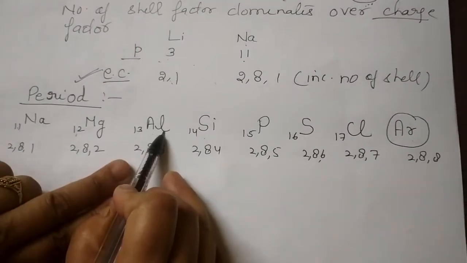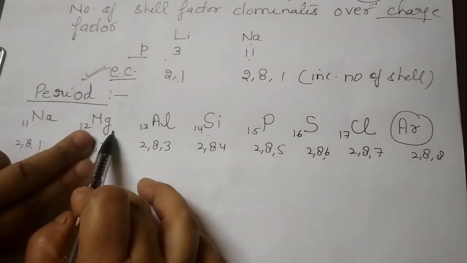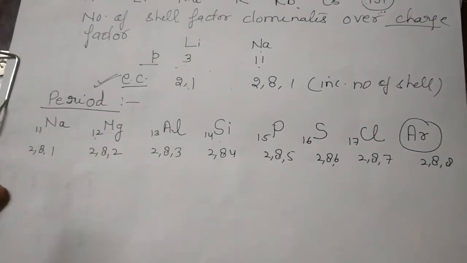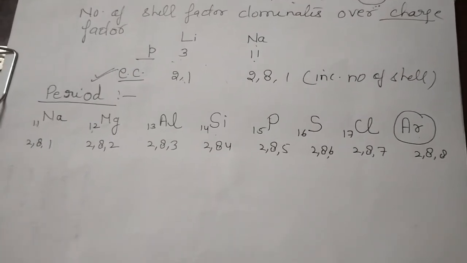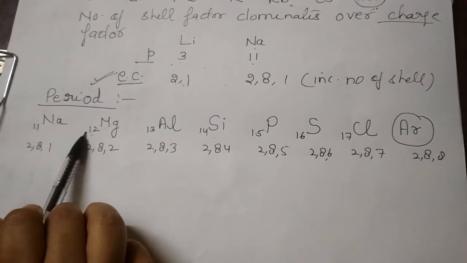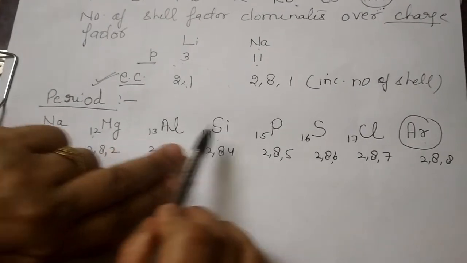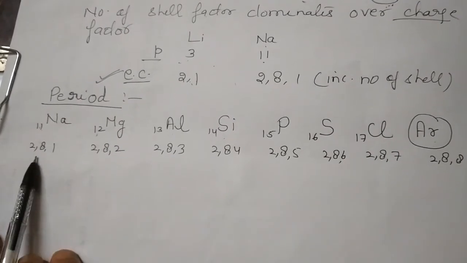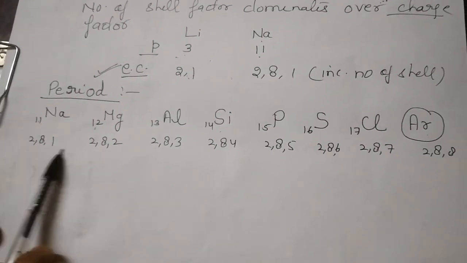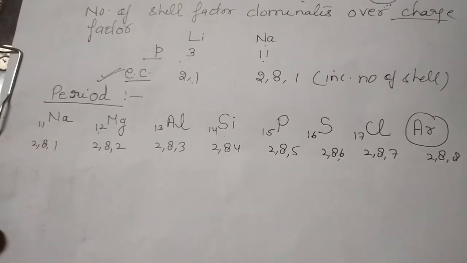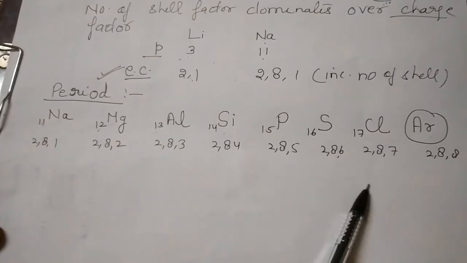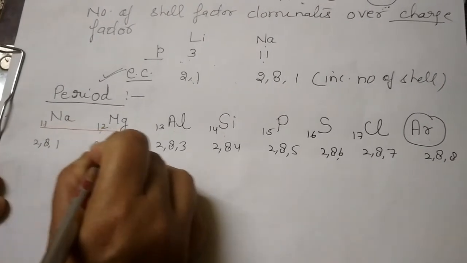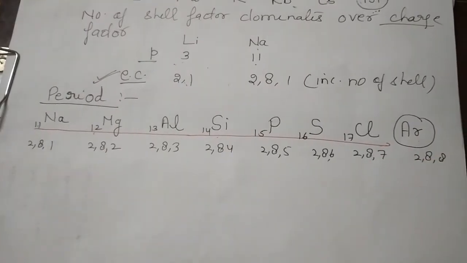The shell number is not increased when you move from sodium to magnesium and to aluminium and so on. However, the nuclear charge, that is the attraction of the nucleus towards the valence electron, increases from 11 to 12 and to 13 and so on. That means when we move from left to right, size decreases, not because of the shell, though it is the same and it should be constant, it's not constant. Size decreases because the nuclear attraction is being increased.